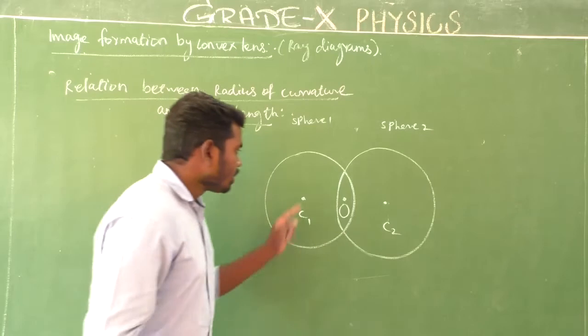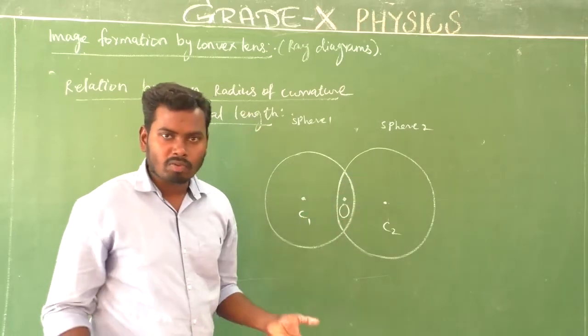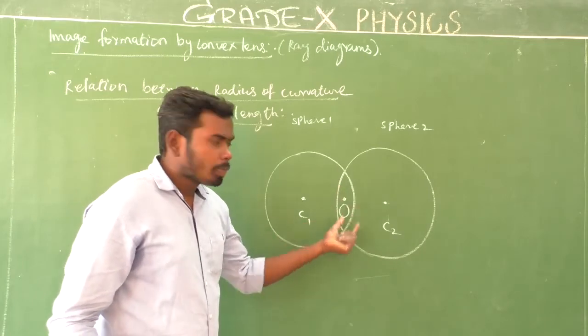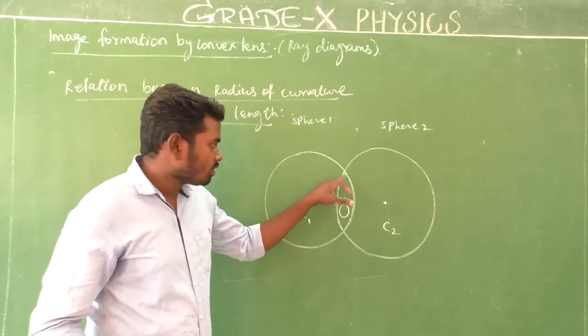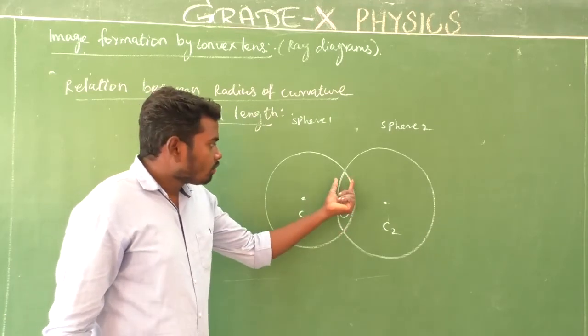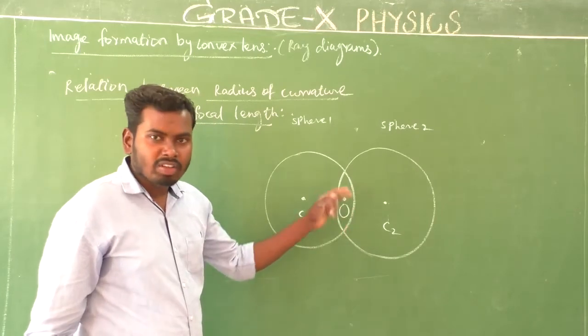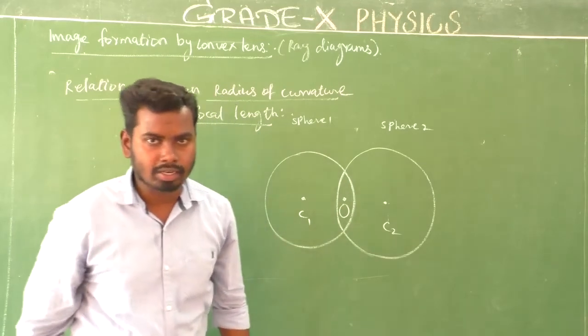Look at here. Consider two spheres made up of glass, overlapping each other, connecting end to end. This is one end and that is another end. When two spheres overlap, they make a convex lens. The middle part is the convex lens.